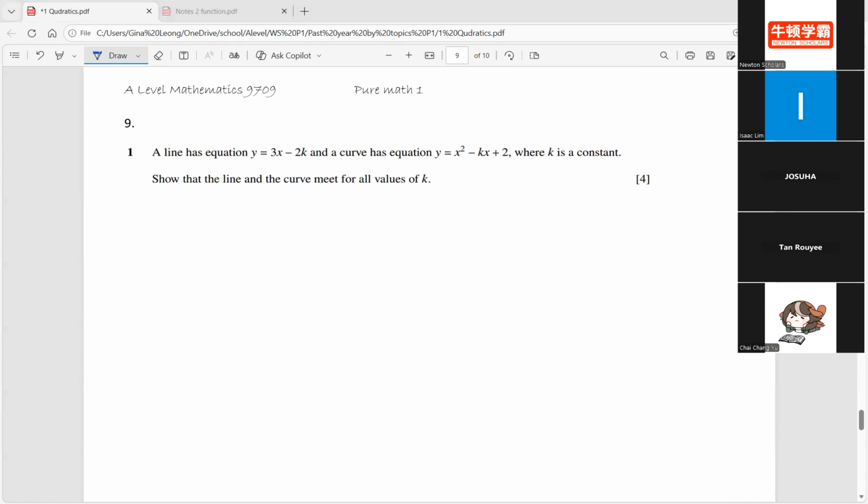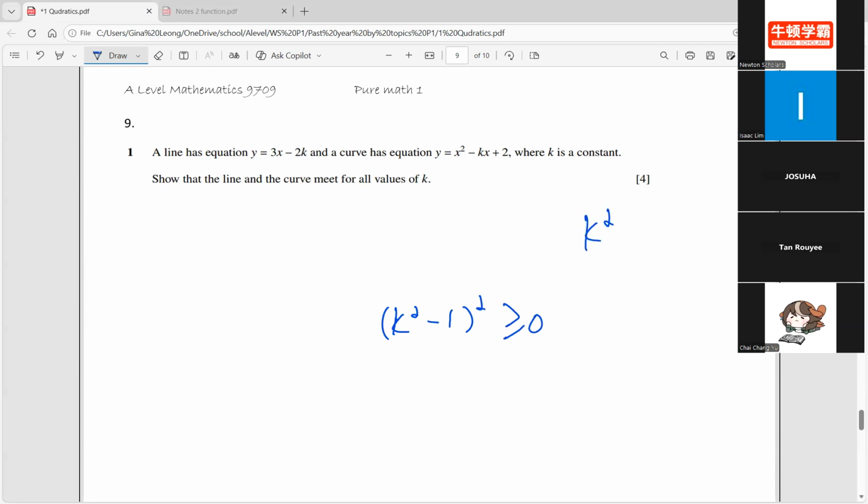Isaac, you can answer already. Yeah, correct. We no need to find the k equal to 1. I mean, we no need to show k equal to 1. And I saw you are writing like this. Okay. K square minus 1 like this. Okay, this can be equal to 0. Remember just now, I said that k square can be equal to 0.